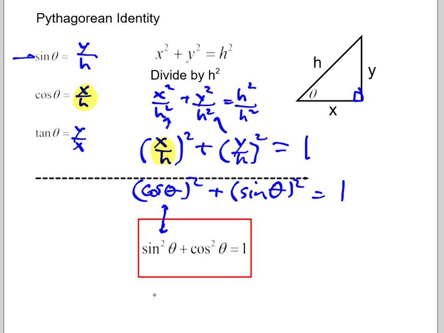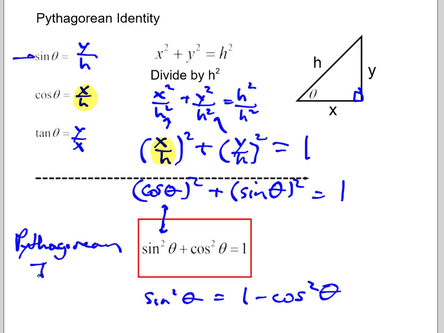We can use our algebra skills and we could say, well, sine squared theta is equal to 1 minus cos squared theta. That's still a true statement. It's just a rearranged form of the Pythagorean identity. And so the good news is we're only going to do the two identities. In grade 12, they add a couple more. Okay, so this one has a couple variations.